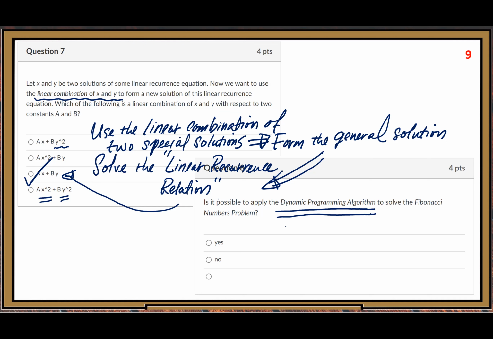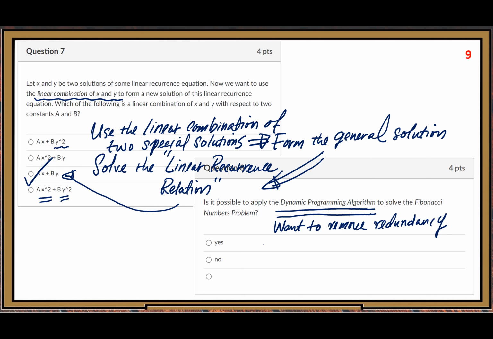Remember, we want to remove redundancy when we calculate Fibonacci numbers.